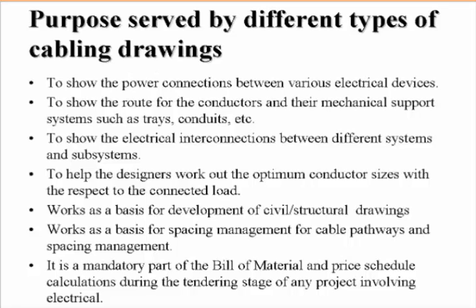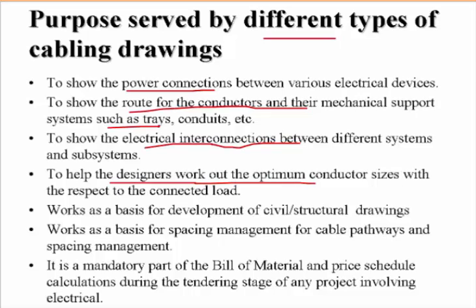Now what is the purpose served by the different types of cable drawings? They show you the power connections between the various electrical devices. They show you the route for the conductors and the mechanical support systems, like for instance trays and conduits. They show the electrical interconnections between the different systems, and help the designer work out the optimum conductor sizes with respect to the connected load.